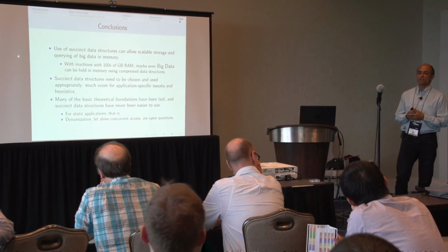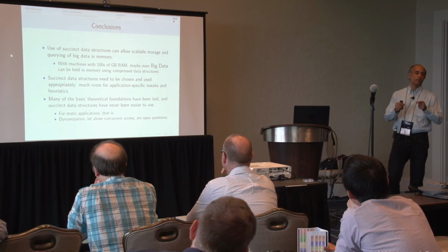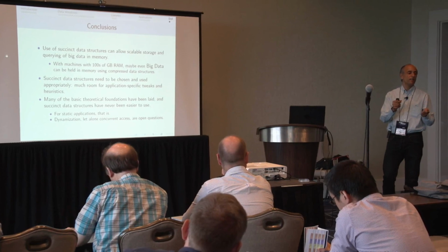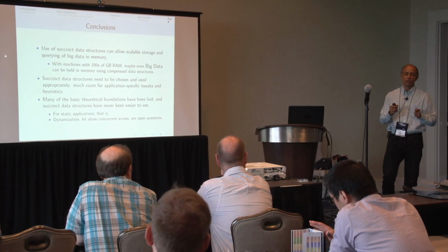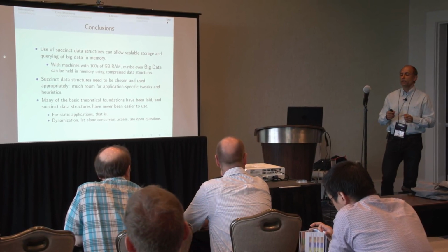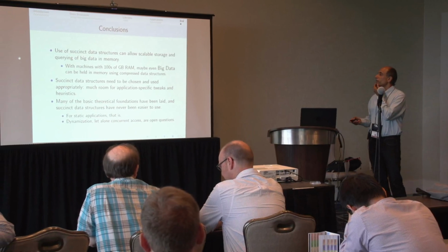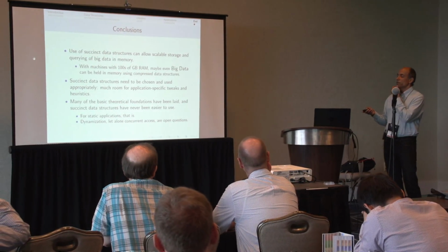The difficulty is that succinct data structures have to be chosen and used appropriately. So when you see a succinct data structure, be very clear what it does, because there's a chance that it does something related to what you wanted but not quite the same, and it actually won't do that. So you've got to be a bit careful there. And there's a lot of room for application-specific tweaks and heuristics.